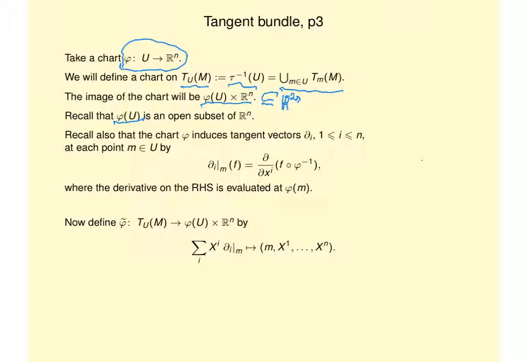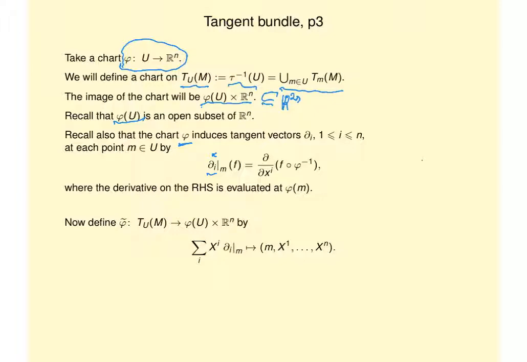Now, back to the chart phi. Every chart induces a system of local coordinates, and those local coordinates induce a system of tangent vectors at the points of the chart. So these are the things denoted partial i, and we put an alpha on them if we need to talk about phi alpha.